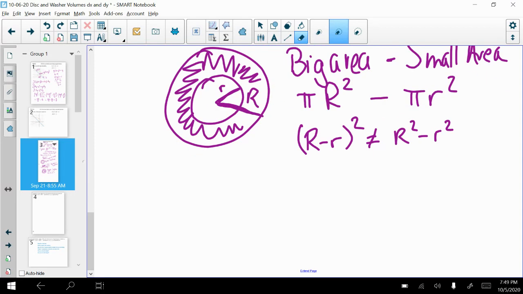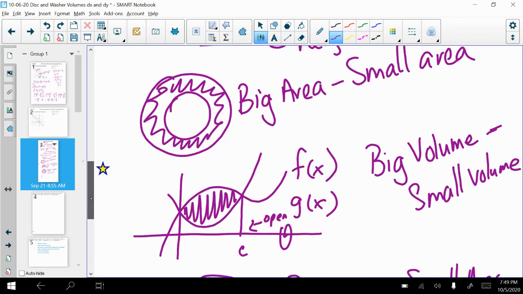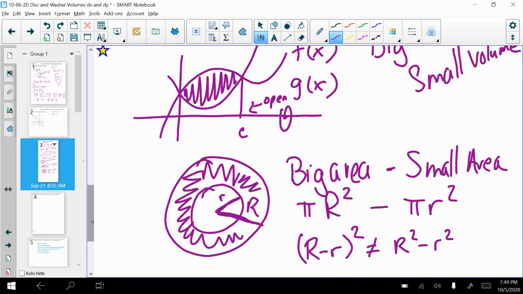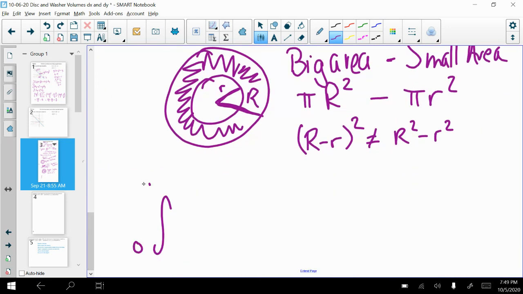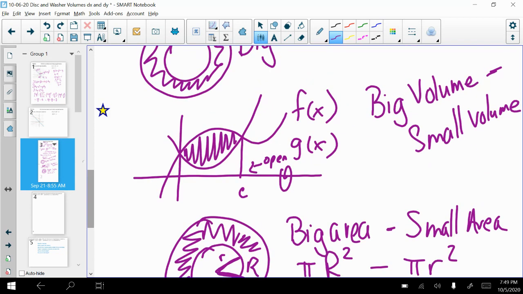So we're going to set this up like I was saying, they're little disks. So it's going to be an integral from, in this case, 0 to c. Now our big radius would be from our axis of rotation to whatever our f of x is.